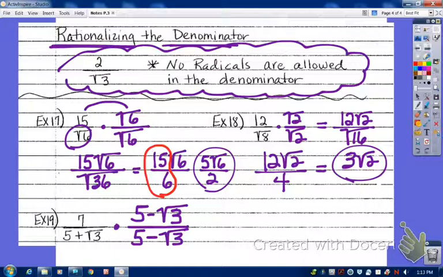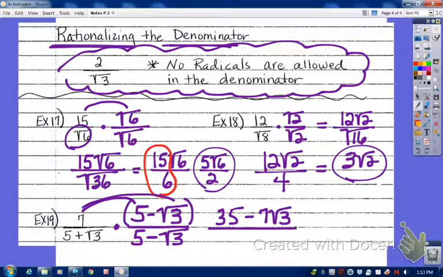So when you do top times the top, it's like you're distributing the 7. 7 times 5 is 35. 7 times negative square root of 3 is negative 7 square root of 3. And then on the bottom, you're going to do 5 times 5, which is 25, square root of 3 times negative square root of 3, which is negative square root of 9.